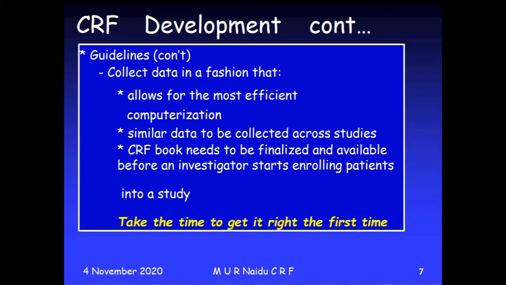And take time to get it right the first time itself. The first time only, you take a lot of time to check your case record form, and you can also do a mock run to find out whether there is some abnormality or some difficulty that may arise during the recording of the case record form.